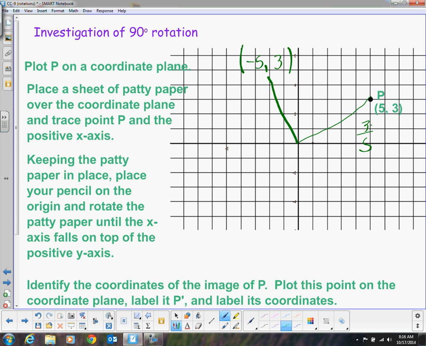So now I messed up on my switch. No, I did my switching right. No, I didn't. So that means that this should be 5, and this should be -3. Now, on a fraction, the negative can be in the numerator or in the denominator. And if you notice, am I on the negative side of x or the positive side of x? Am I on the positive y or the negative?